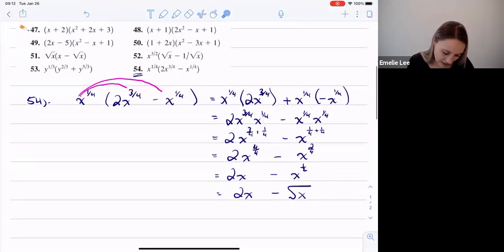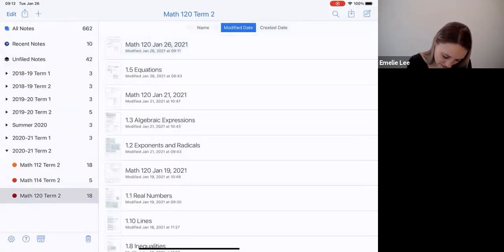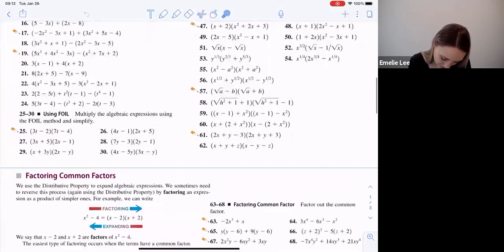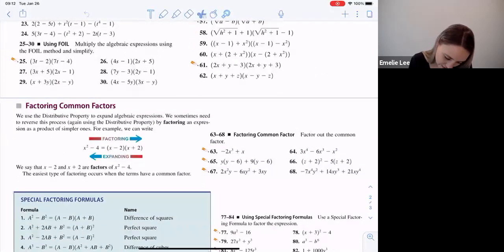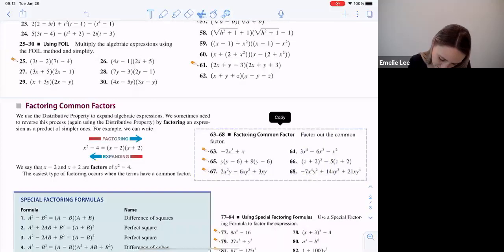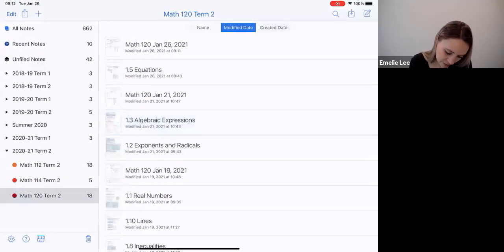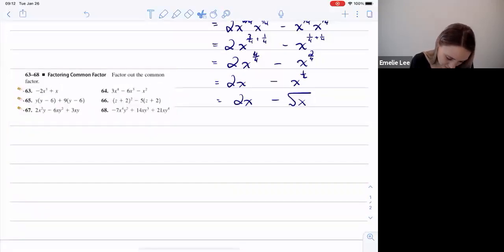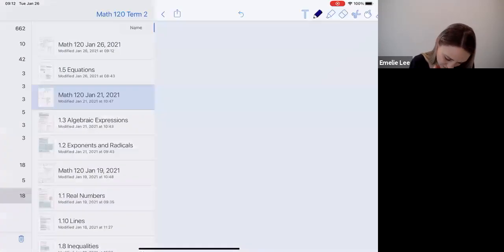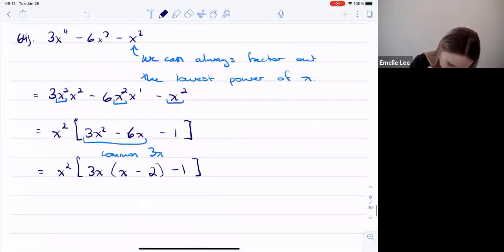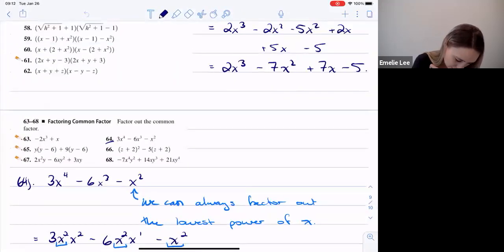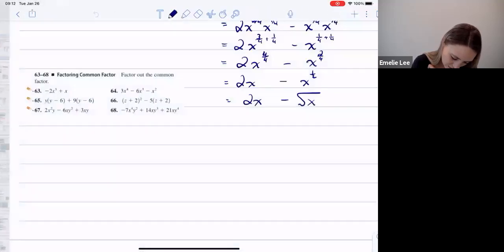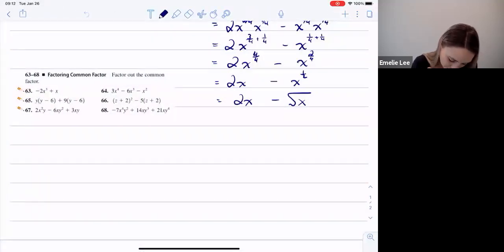Let's see if I can grab a factoring example before we keep going here. Let's do one of these. I can't remember which one we did last day. Let me just check, because we ended on one, didn't we? We did 64, so let's not do 64.